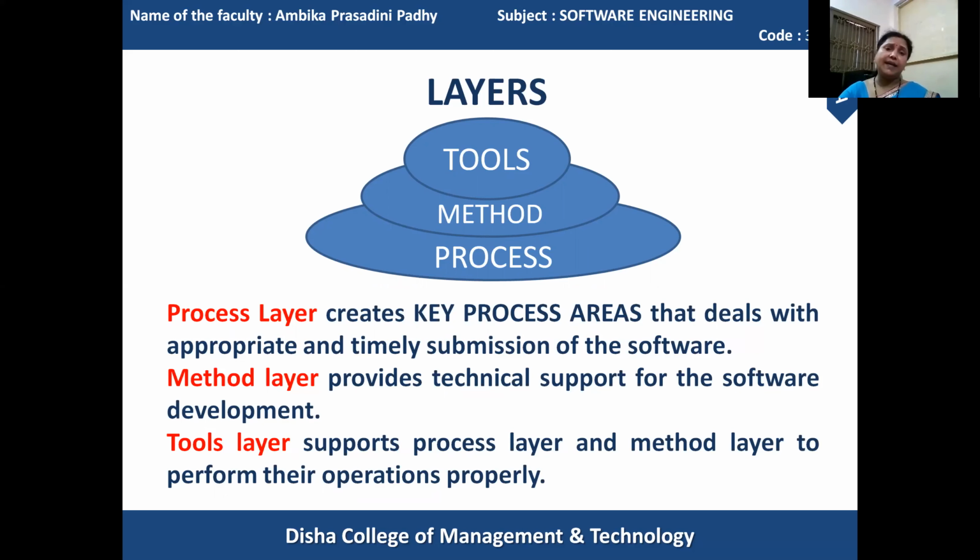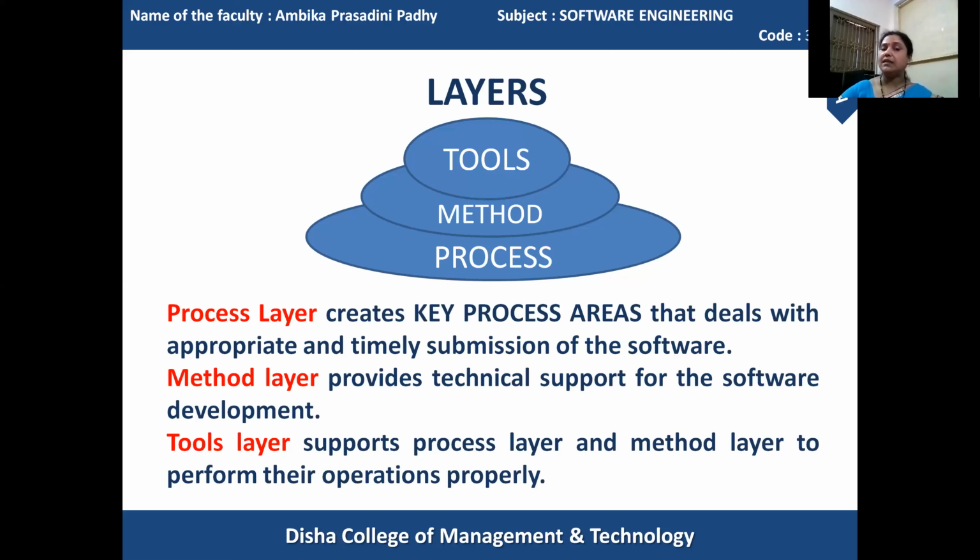The process layer creates key process areas that deal with appropriate and timely submission of the software. The process layer contains different items to be executed and operated for the system, and those processes are defined in the process layer.